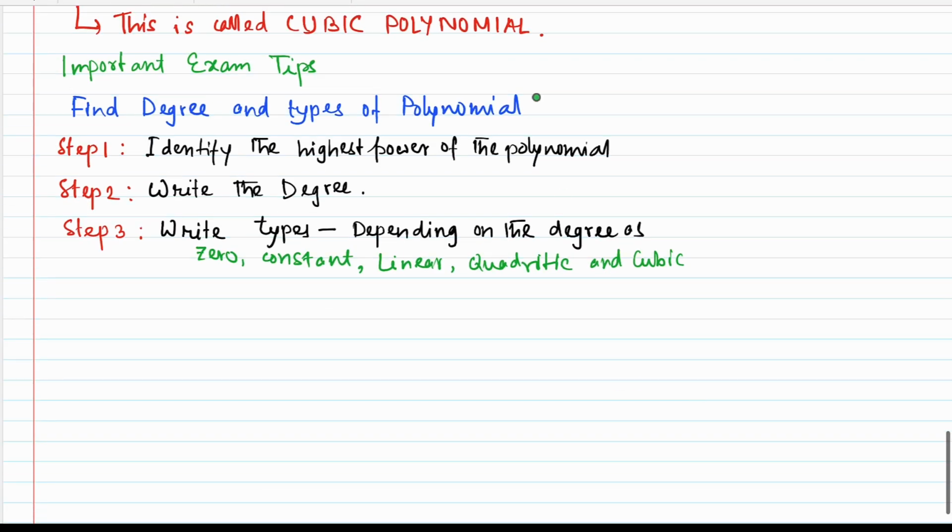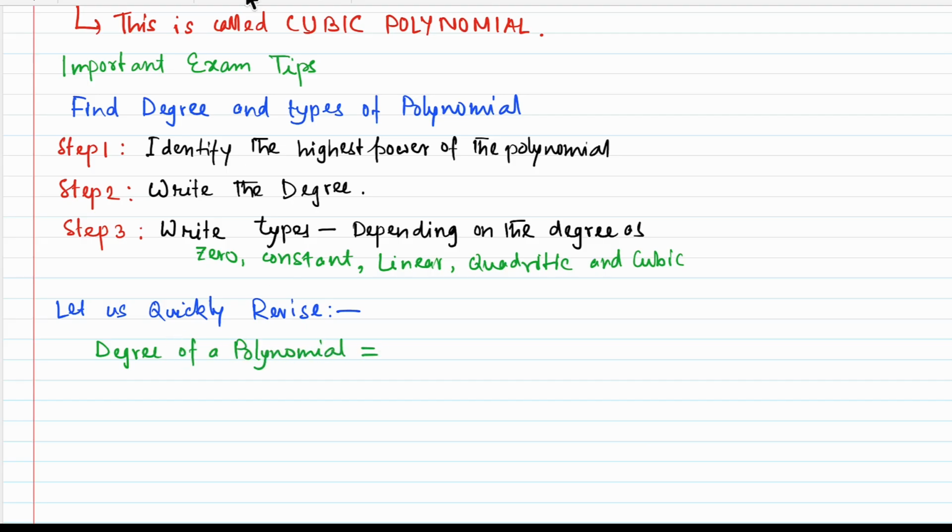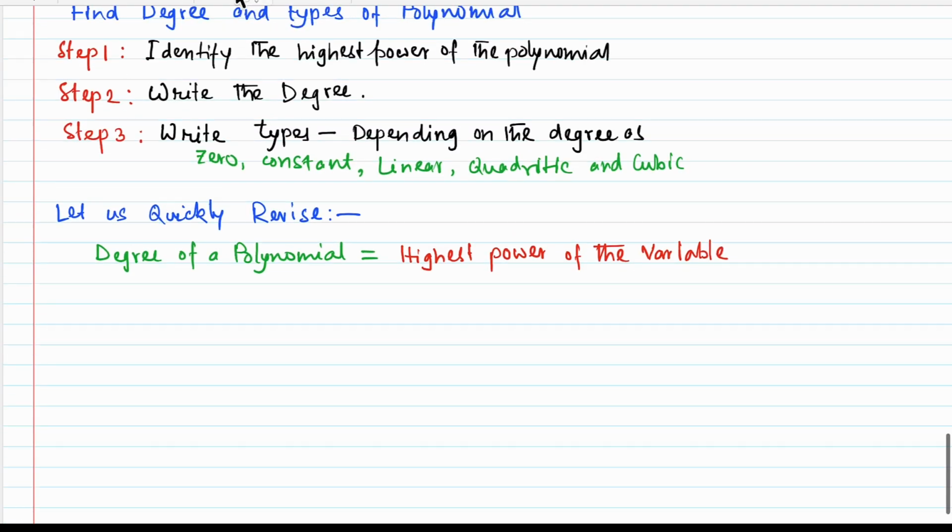That's it. Now let us quickly revise what we have done so far. We have seen how to find the degree of a polynomial. The highest power of the variable of the polynomial determines the degree of the polynomial. Then depending on that, we can classify polynomials into the following types.